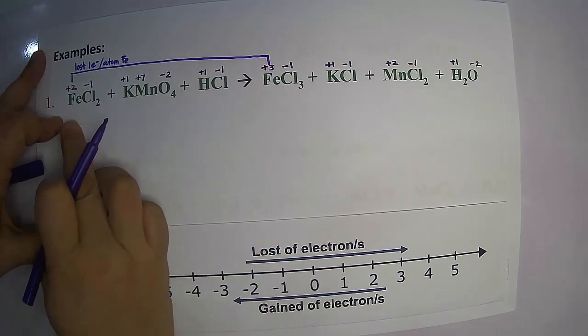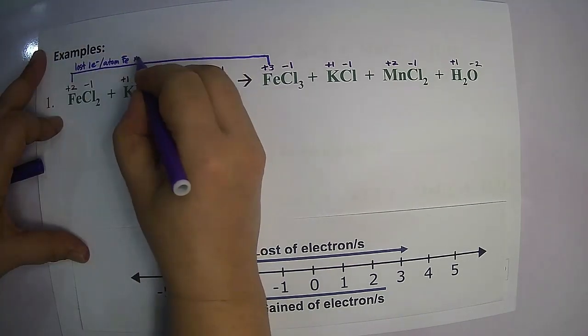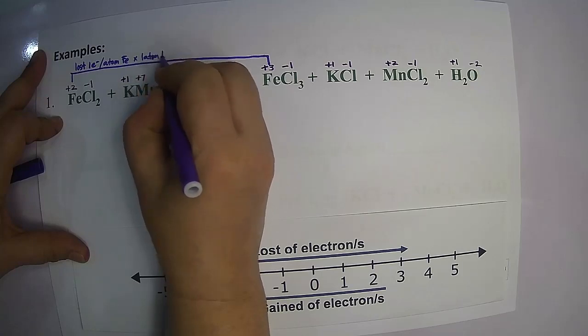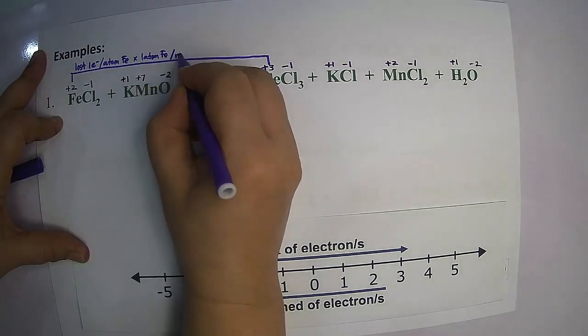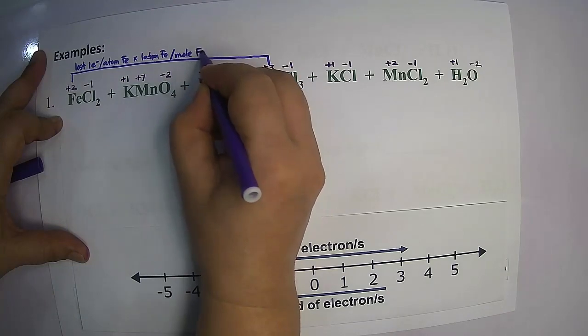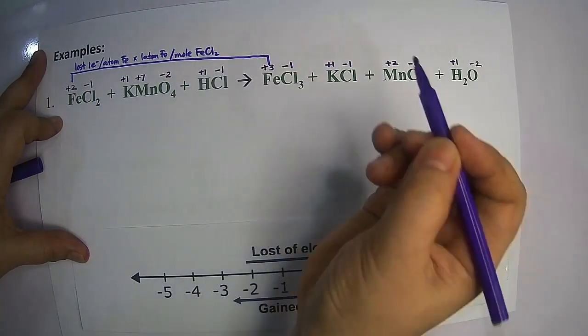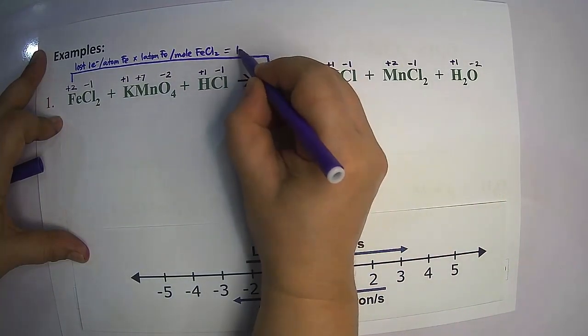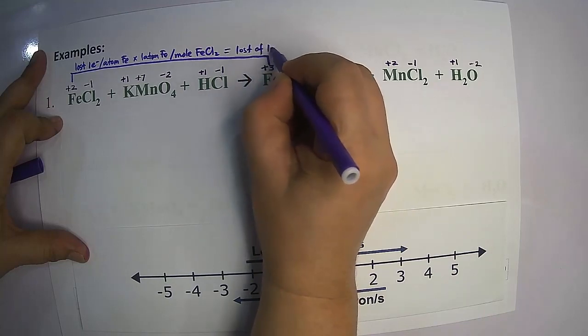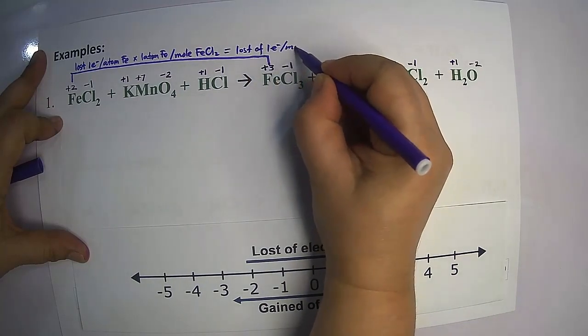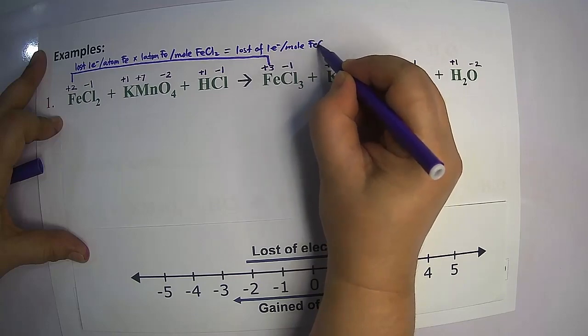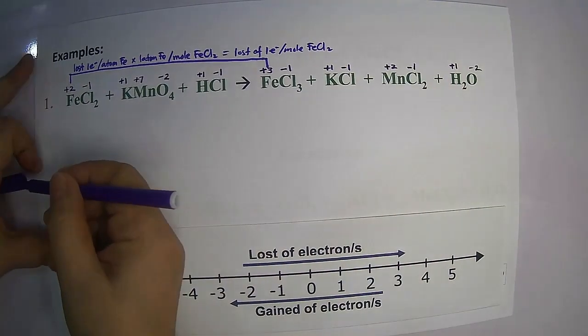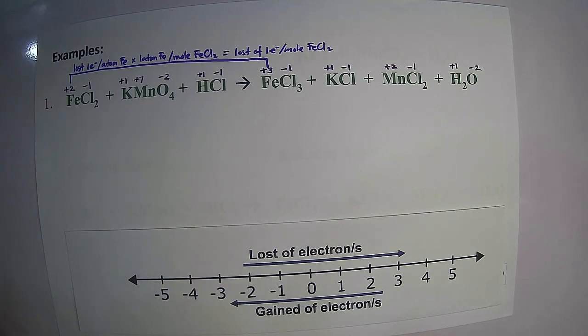And in the compound ferrous chloride, you have 1 atom of iron per mole of ferrous chloride. So there is a total loss of 1 electron per mole of ferrous chloride. Next, we identify the one that gained. If someone lost electrons, there must be someone gaining electrons.